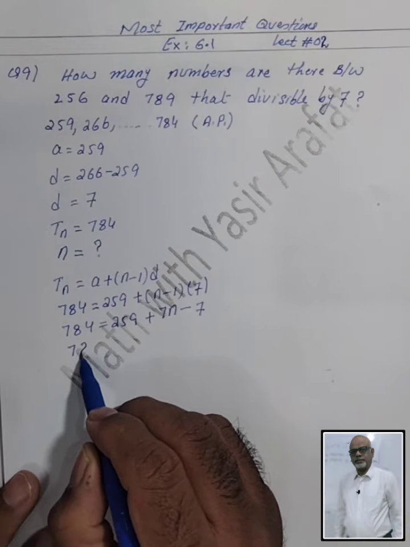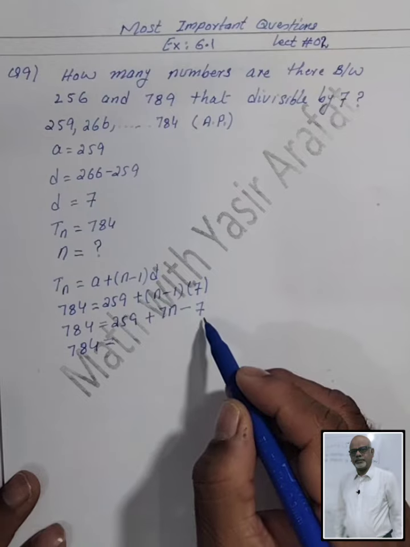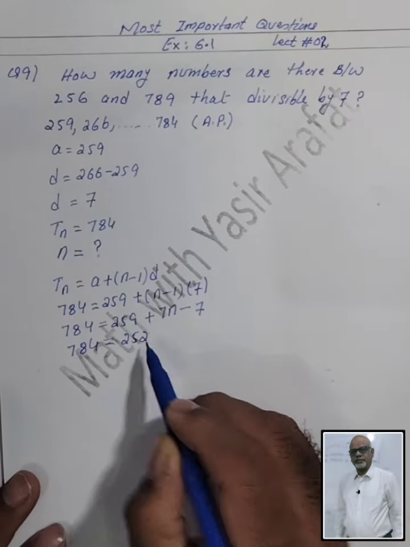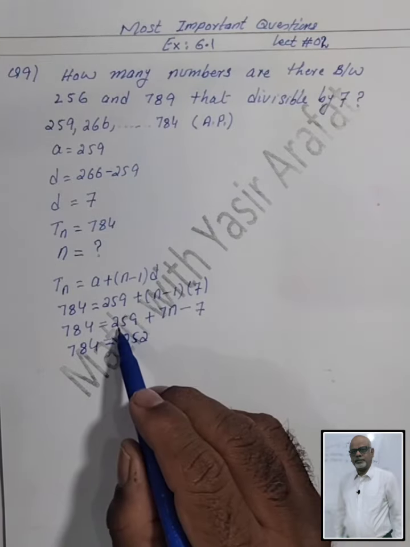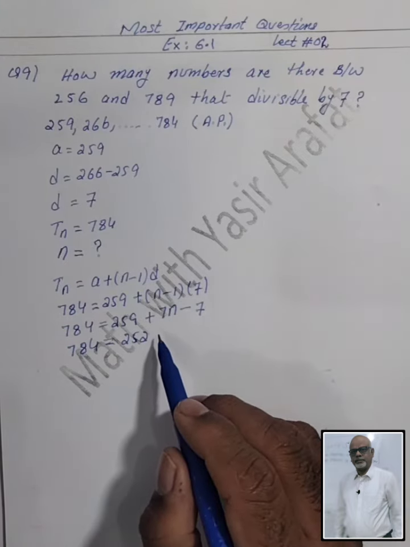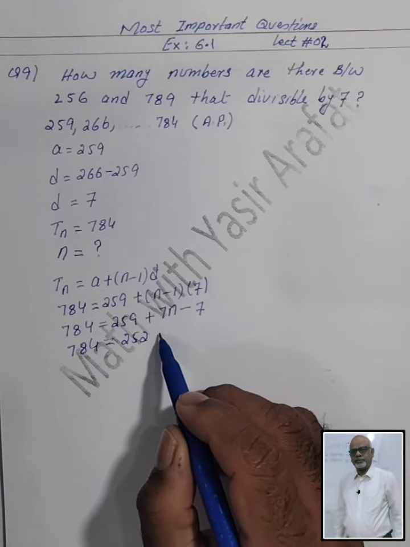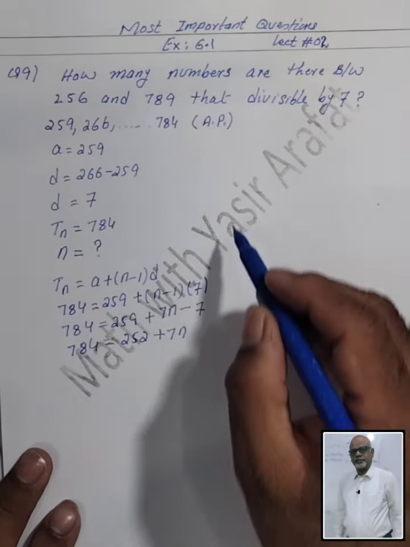So this is 784 equals 259 minus 7, that will be 252, plus 7n. Now we have to shift this 252 to the left hand side.